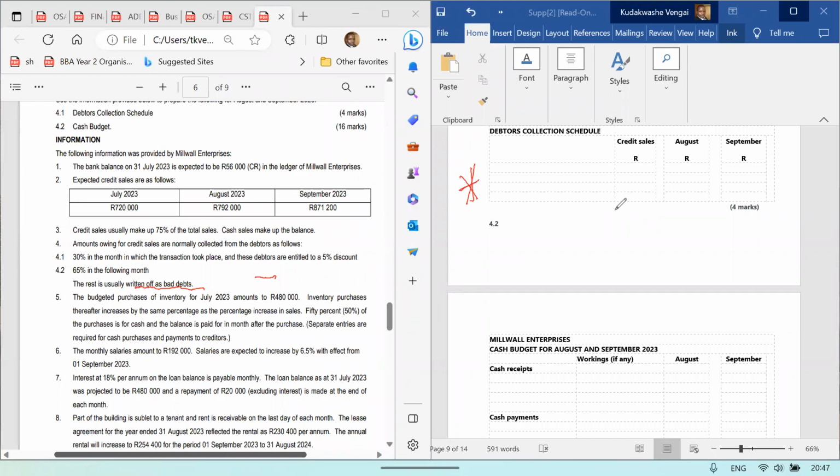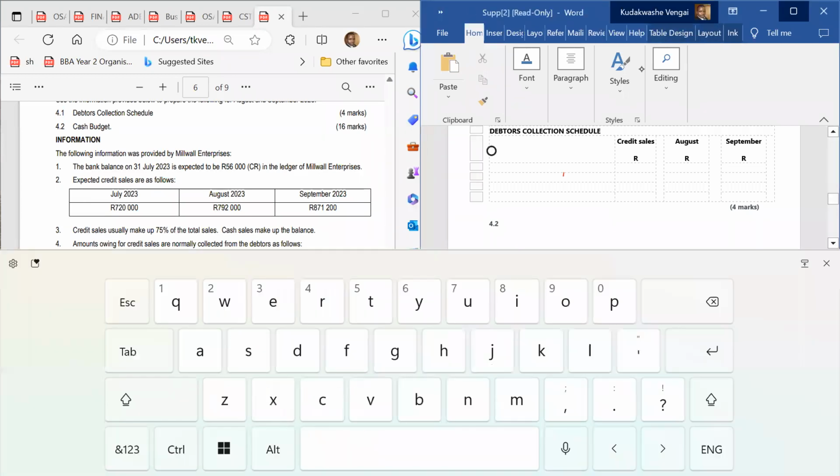So you can come over here and say we've got July, we've got August, and then we've got September.